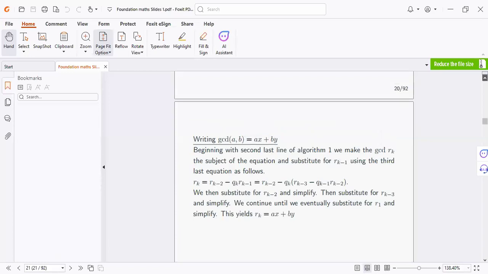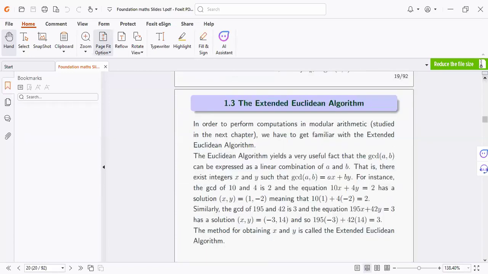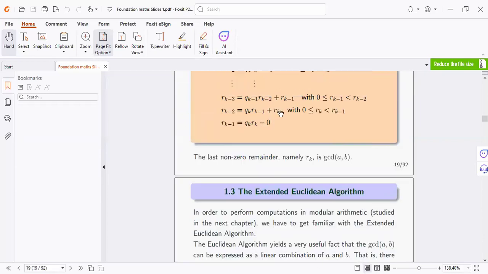That process is just reversing. We're just reversing from the last non-zero remainder, which is our GCD. This is what we make the subject of the formula. Then we write it in terms of these two.